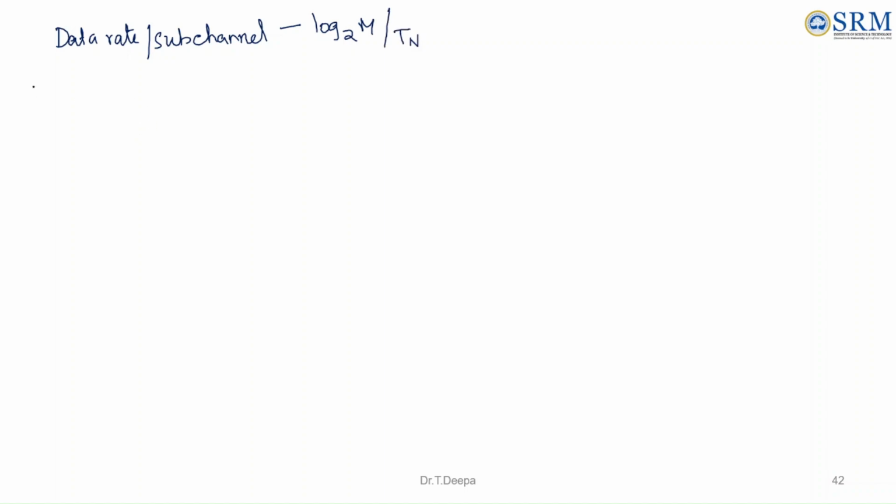Therefore the minimum data rate, denoted by R_min, for the system corresponds to BPSK, that is 1 bit per symbol, with code rate r equal to 1 by 2, and only 48 subcarriers actually carrying the data.